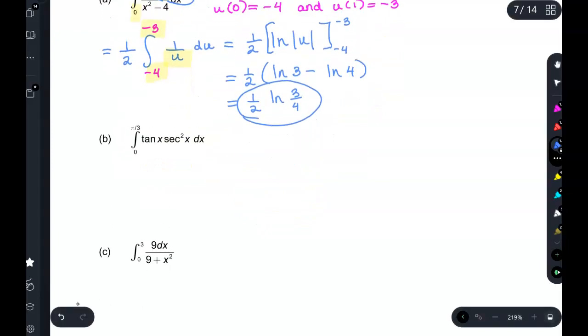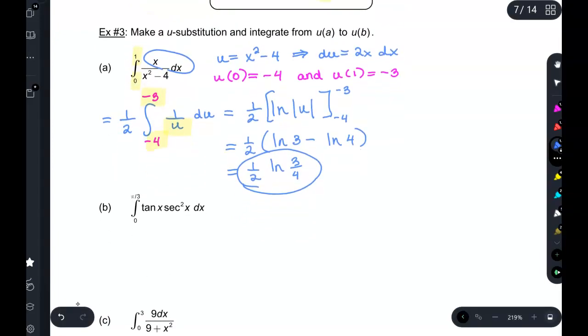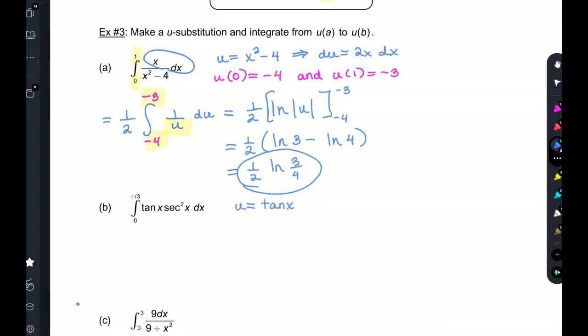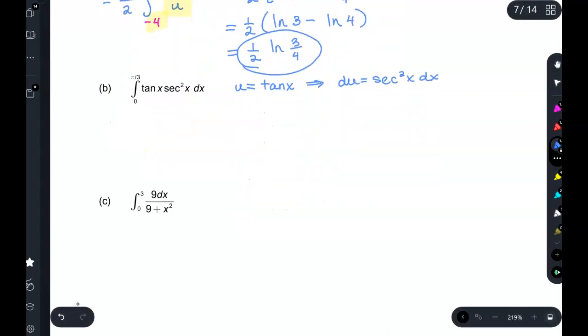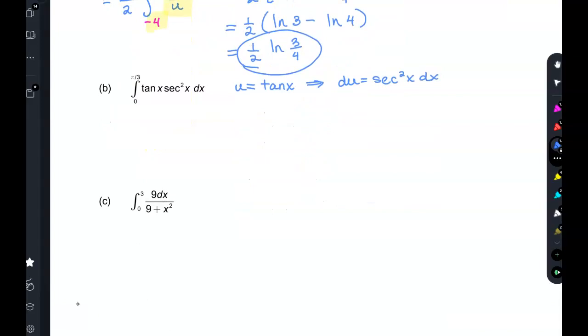Okay, next one. This time, I want to make u equal to tangent of x, which will make du equal to secant squared x dx, which I already have in my integral.